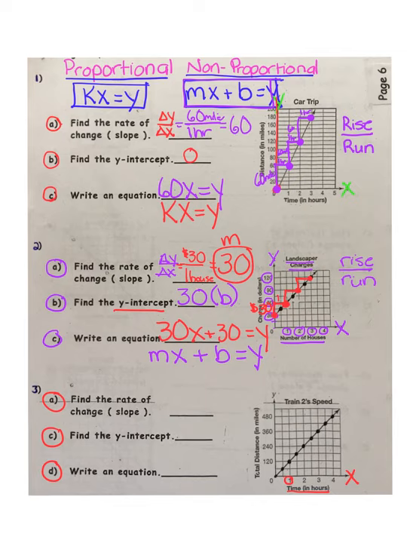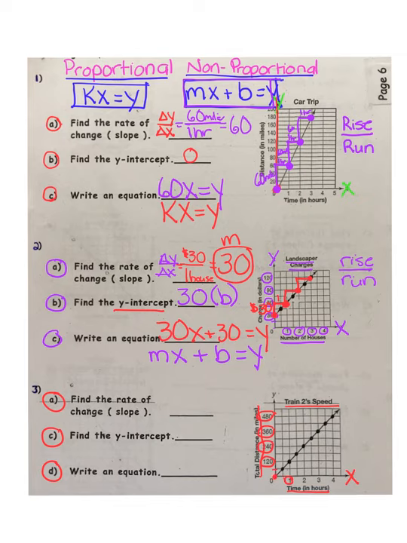Now, going up the side is total distance in miles, and each block is worth 60. However, they've only labeled 120, 240, 360, and 480. We are looking at train 2 speed.